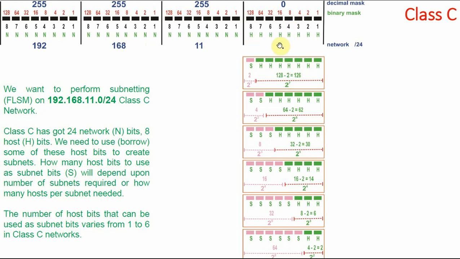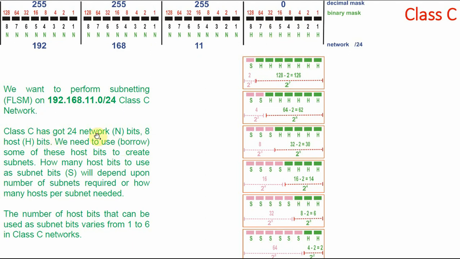Whenever we have to perform subnetting of class C addresses, we need to use some bits of our host address as subnet bits, and we will denote our subnet bits as s, so that it is easy to understand.